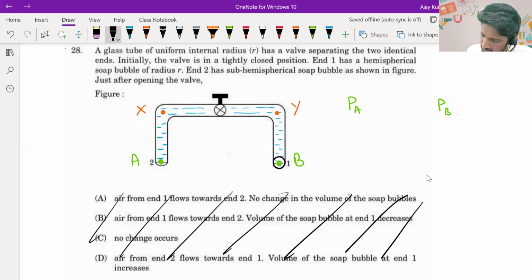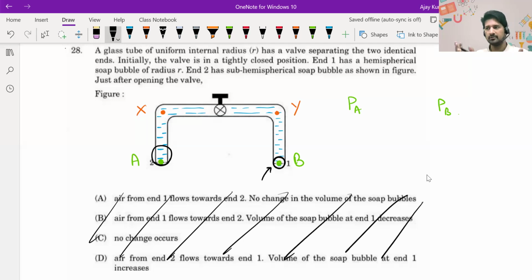If you imagine the full sphere, the radius of curvature is like this. At A, if you imagine it as part of a sphere, the sphere would be like this, bigger. So the surface of the drop which is hanging at B has a smaller radius of curvature than the surface of drop hanging at A.